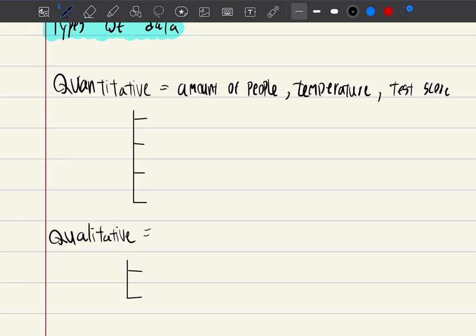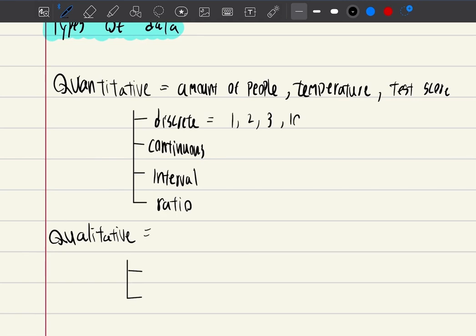And the subsets of it are discrete, continuous, interval, and ratio. Discrete is gonna be whole numbers, like 1, 2, 3, 10, 12, 100.